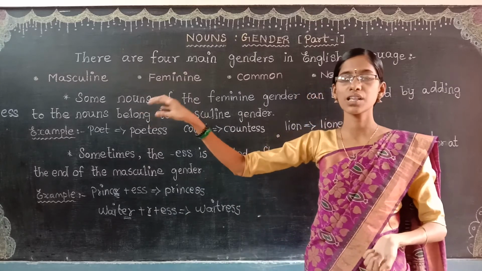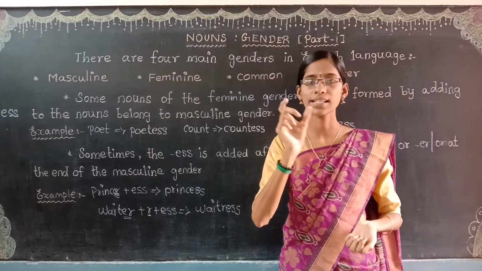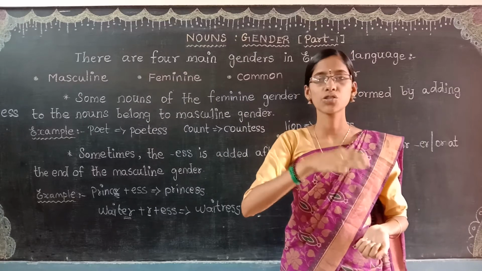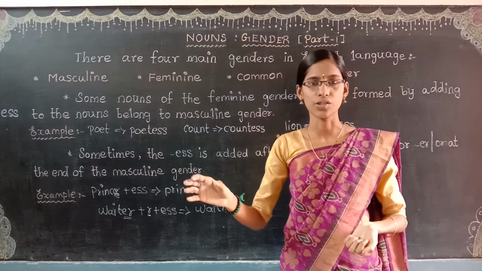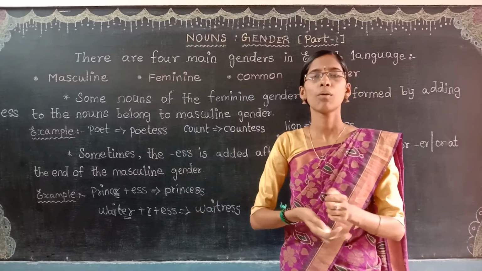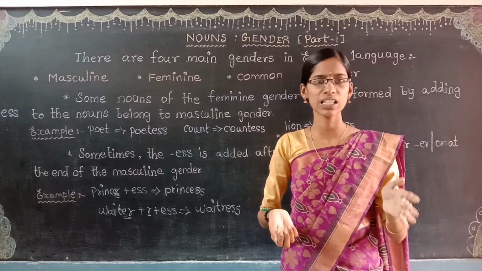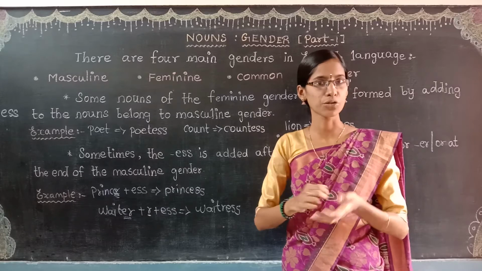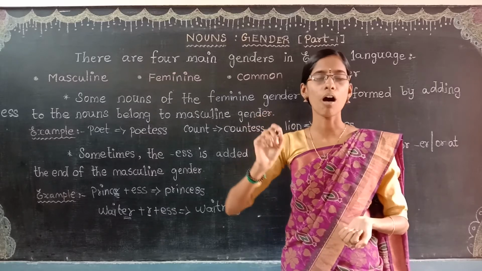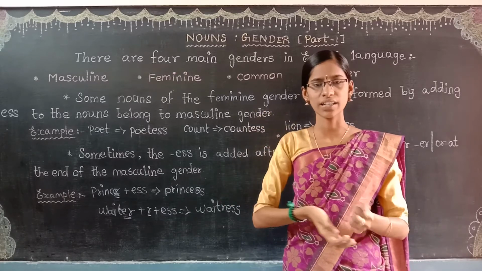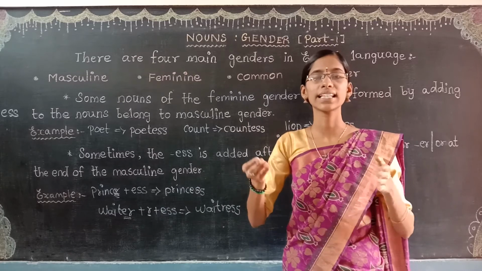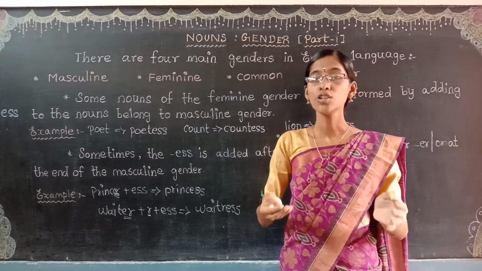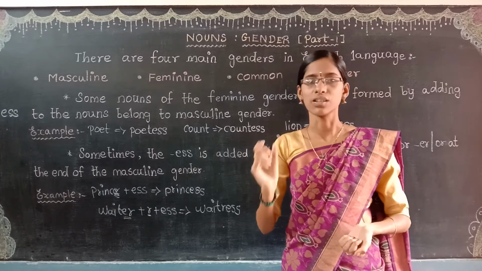The first rule is you can simply add ESS to the masculine gender to change it into a feminine gender. And our second rule is while you are adding ESS to certain words, you have to drop the vowel at the end or you have to drop ER or OR at the end of the masculine gender, and then you have to add ESS to make it a feminine gender.